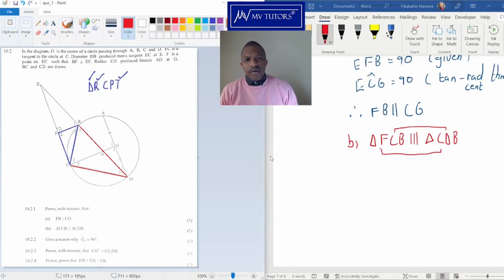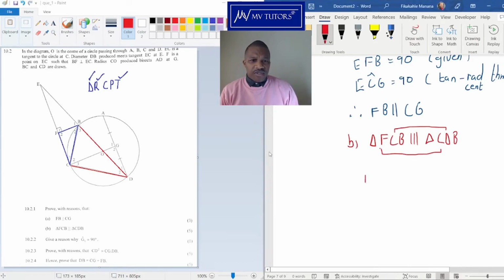Now, in triangle CFB, we want F to be equal to C. Why would that be? F2 is equal to 90 degrees.